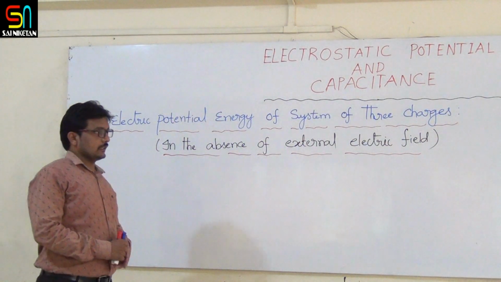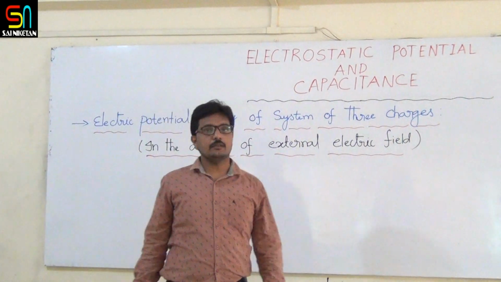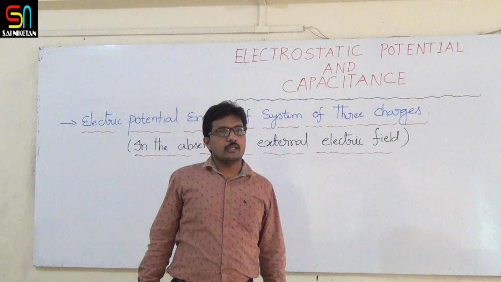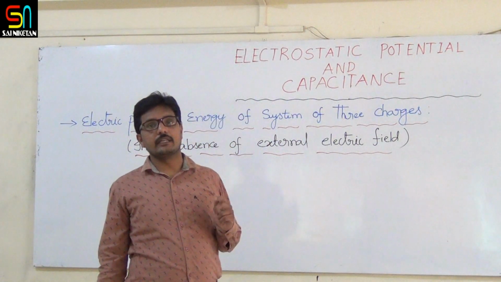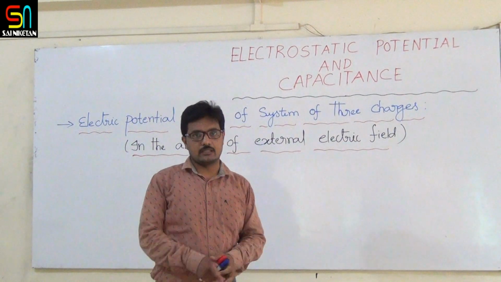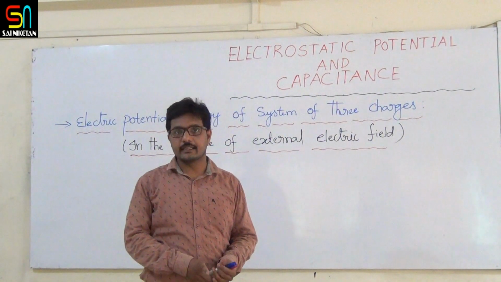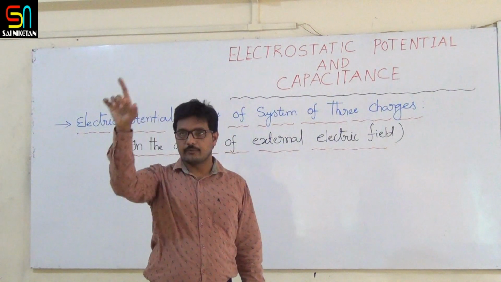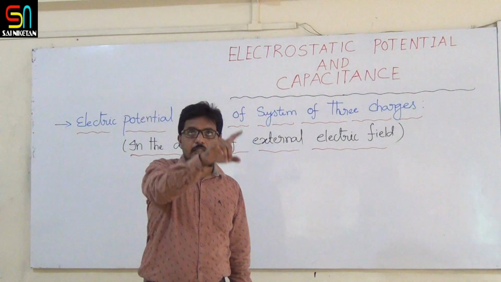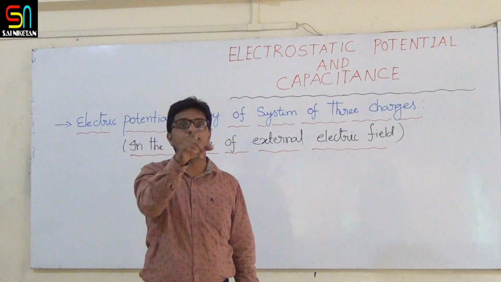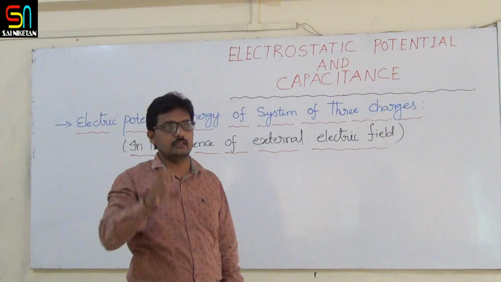That is the conservative nature of the electric field. As we know, consider the work done by a force to complete a round trip of an object. If you observe the diagram, the charge moves from the initial point to the final point and completes one circle, one round trip, or one closed path.